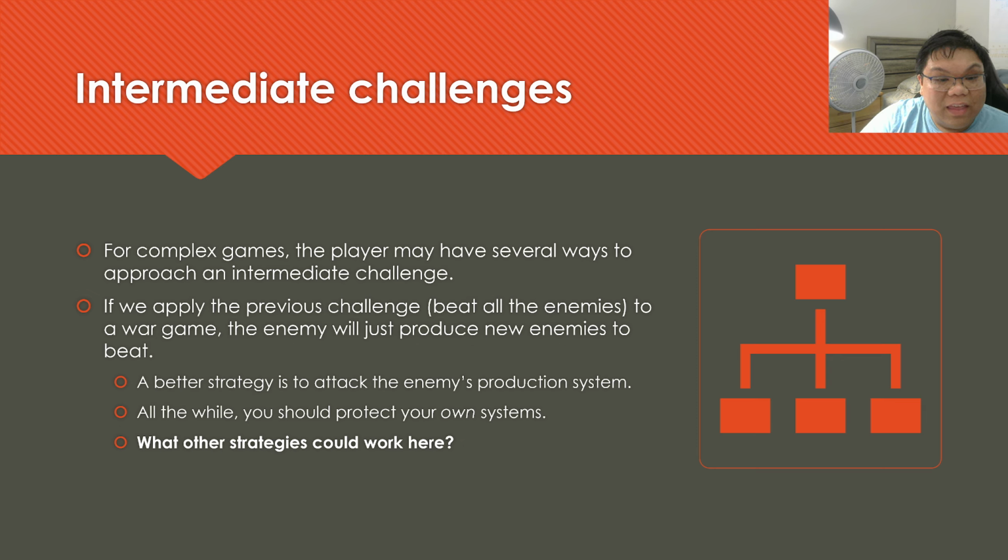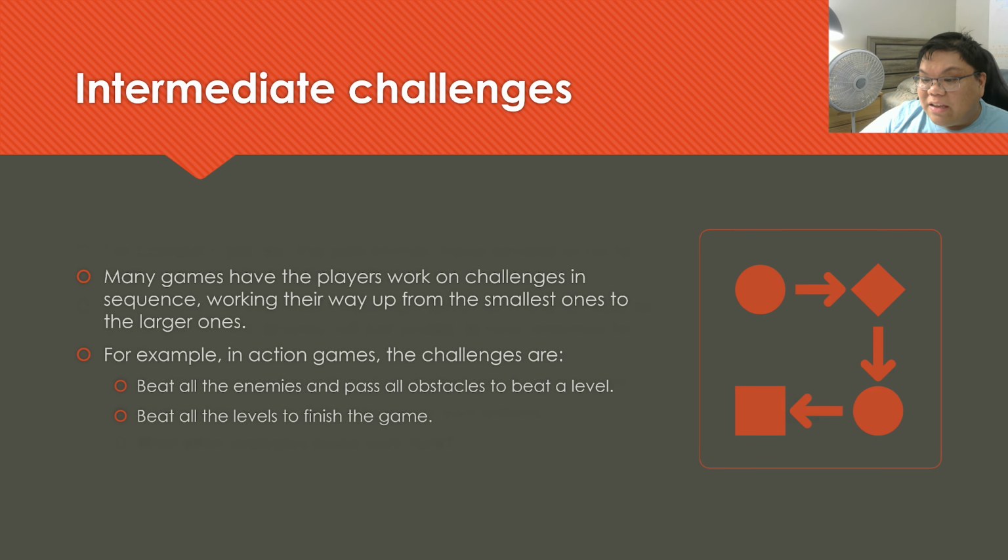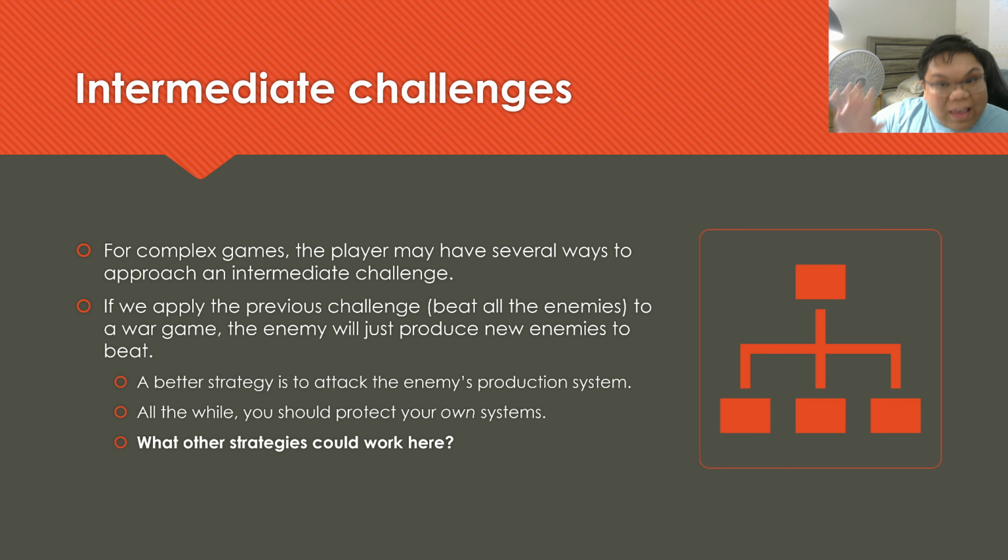If we applied the previous challenge, beat all the enemies, to a war game, the enemy will just end up producing new enemies to beat. So the strategy of beating all the enemies to pass the level doesn't work if the enemy has a way to create new mobs to kill.